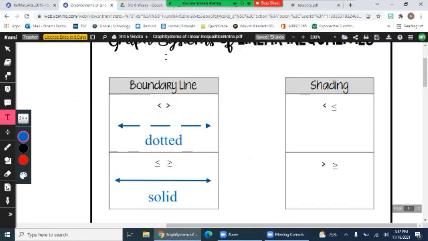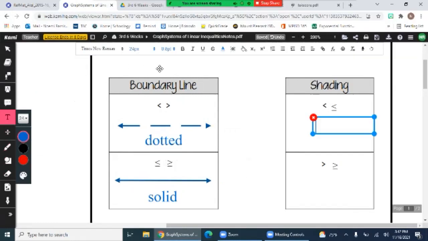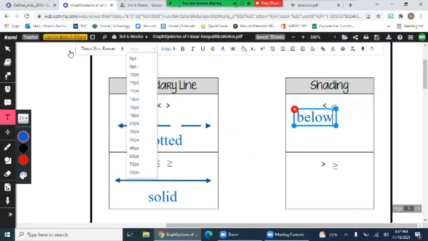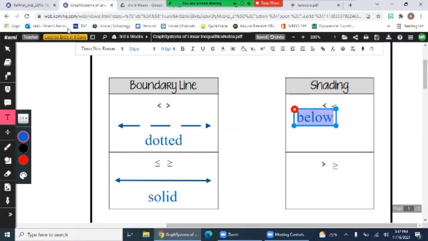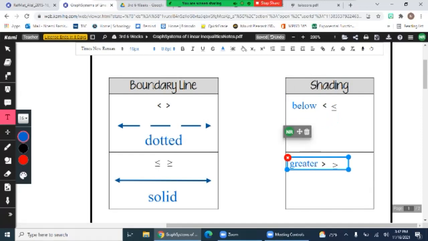The shading. Remember, if it's less than, the word less than lets you know that you're going to be shading below the line. And the other one is greater, so you're going to shade above the line. Let me make these words smaller, that way I can actually draw a line and do some shading on it. Less means below.